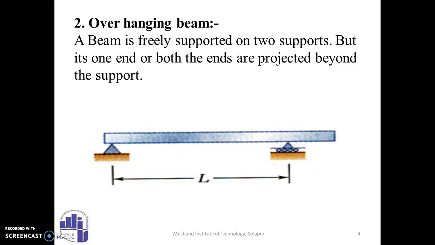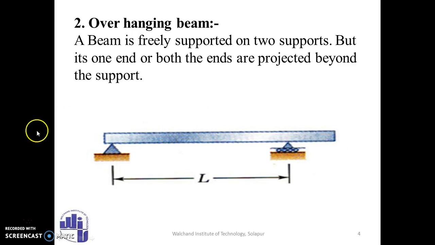Next one, overhanging beam. The beam is freely supported on two supports, just like in the previous case, but one end or both ends are projected beyond the support.